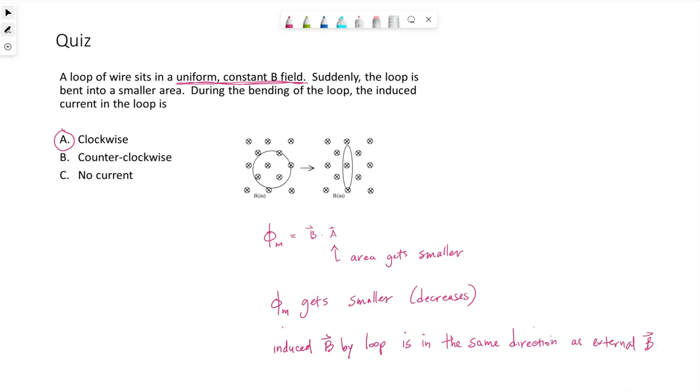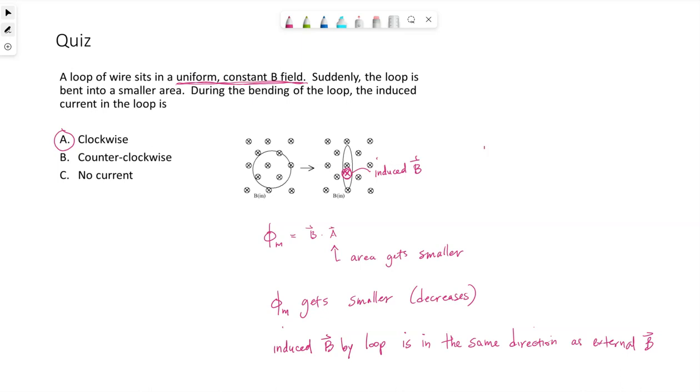So coming back to our picture, our external magnetic field points into the screen. That's labeled there. We also want an induced magnetic field into the screen, same direction, to try to increase the flux back up.